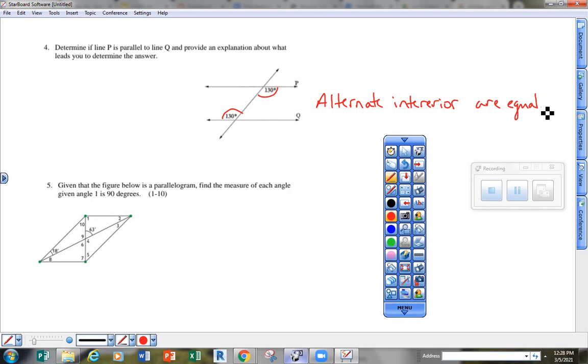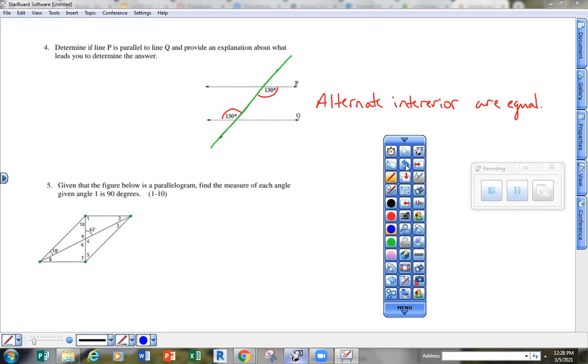And I'm not an expert at this level of math, but there's got to be something that says when you have a pair of lines cut by a transversal and the alternate interior angles are equal, that proves that those two lines that transversal is cutting across are parallel.